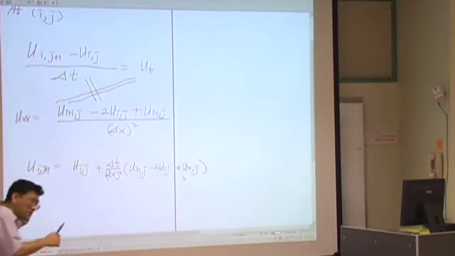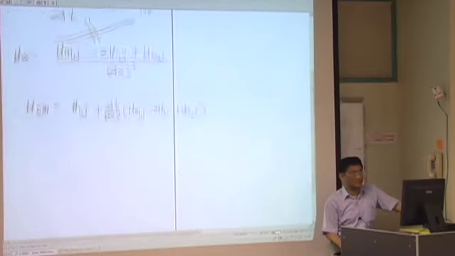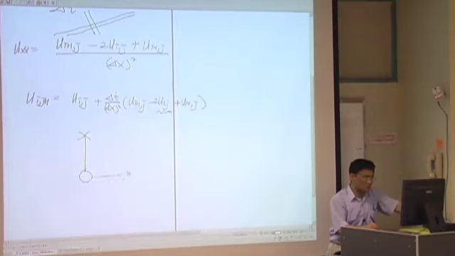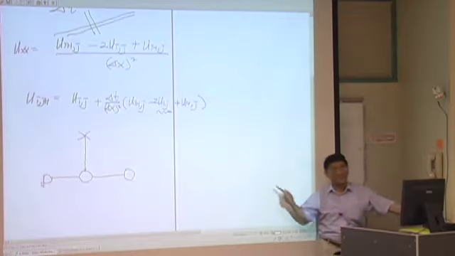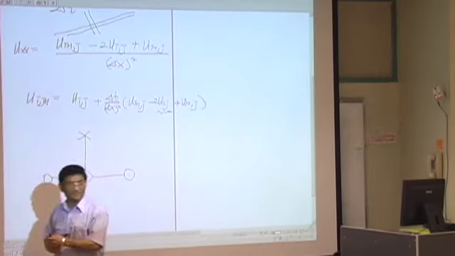I want to just sketch the stencil. So what we don't know is this point, and then to find this point, we use this point, and then the advanced point in the spatial direction, and then the previous point. So this is the stencil. So to determine this thing, we should use this.